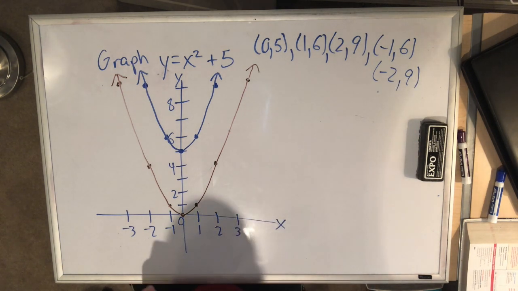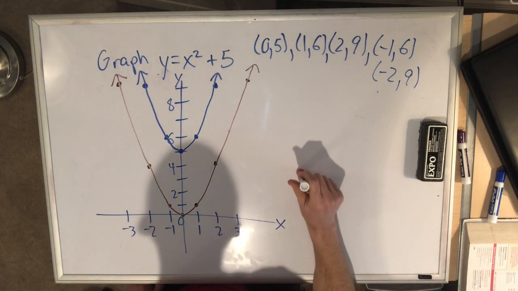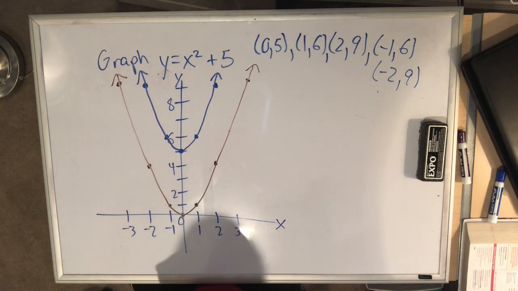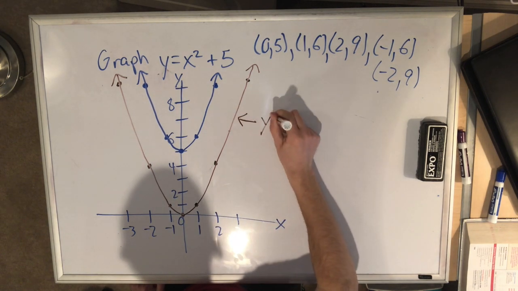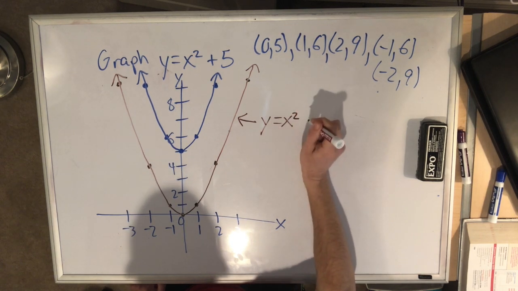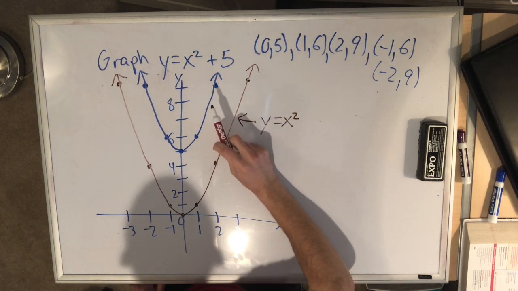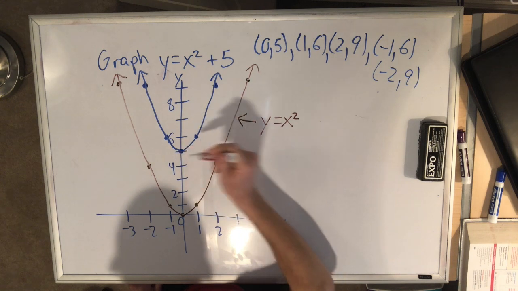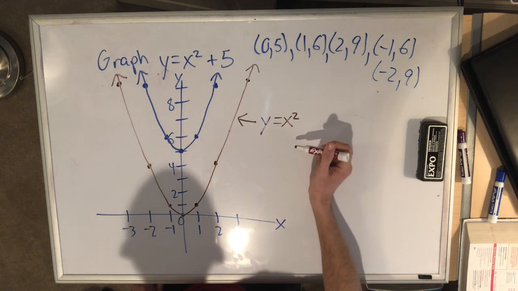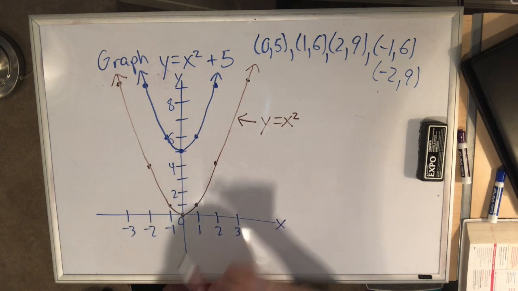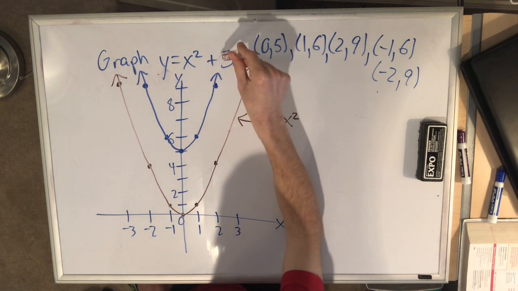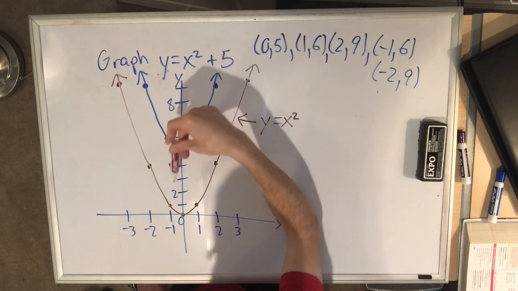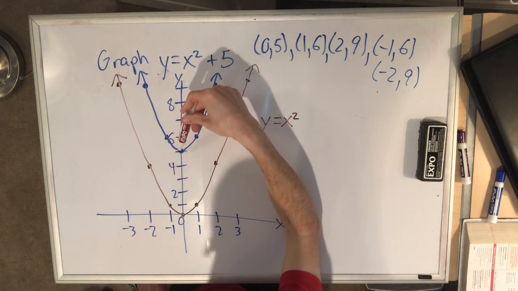Okay, so the graph of y equals x squared plus 5 looks the same as the graph of y equals x squared, except the graph of y equals x squared plus 5 is shifted up 5 units. So anytime you add a positive number to a function, it's going to be a vertical translation upwards.